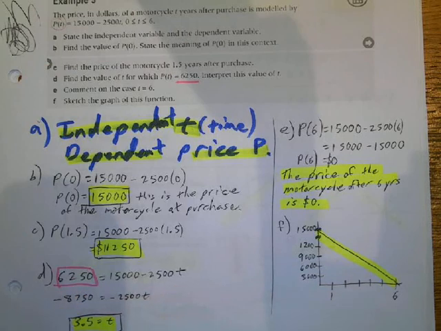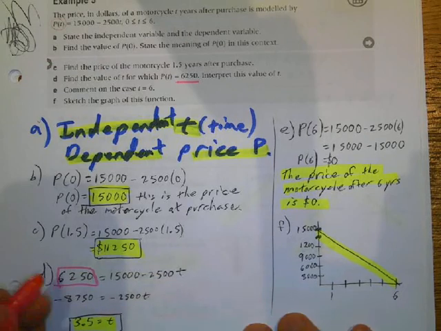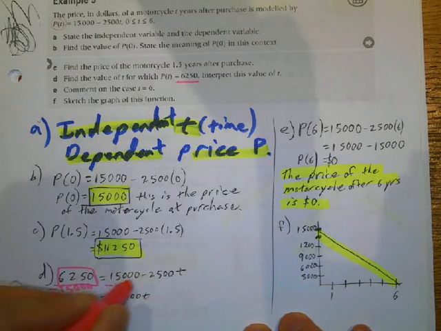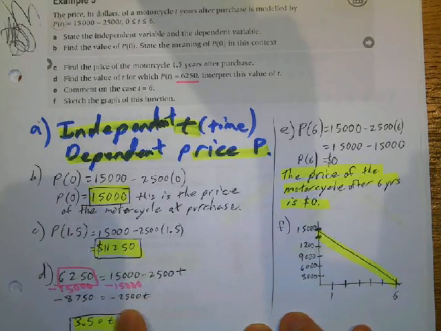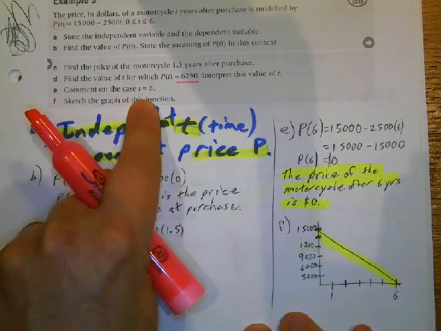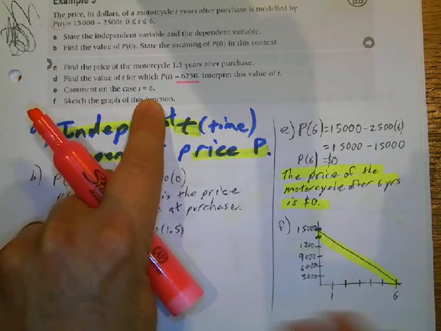So what do I do here? I subtracted 15,000 on both sides. Okay, and then I get this value, and then I divide both sides by negative 2,500, and we get this. Question E, comment on the case where t equals 6.